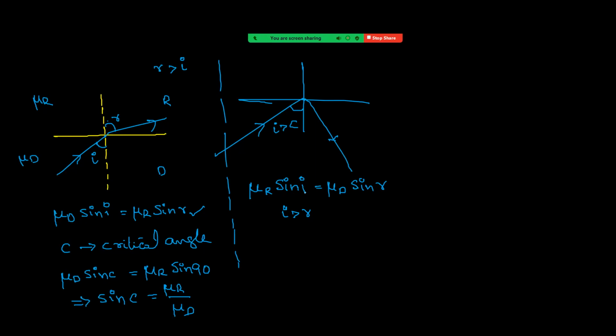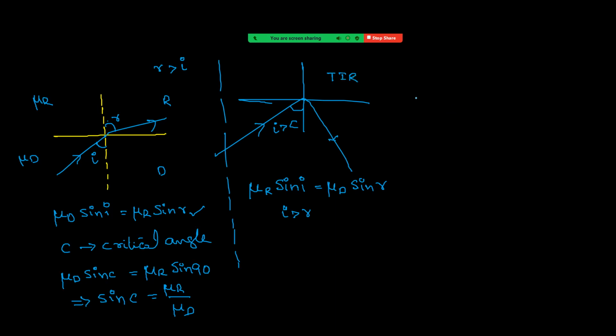In such a case, no refraction. That means the angle of refraction can become 90 only if the light ray travels from denser to rarer medium. If the angle of incidence is greater than the critical angle, light completely reflects, no refraction at all. This is known as total internal reflection.